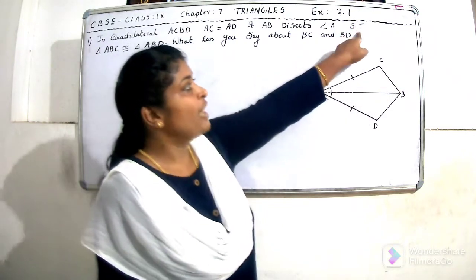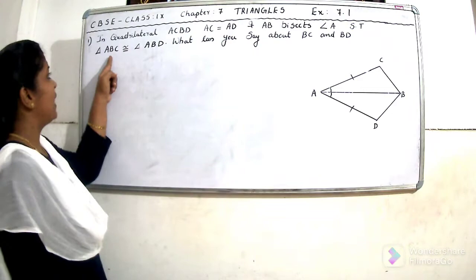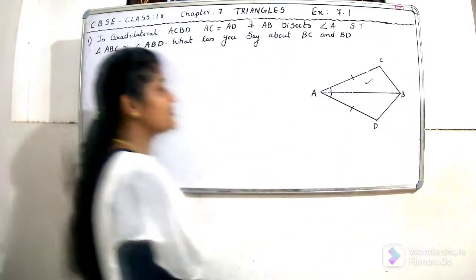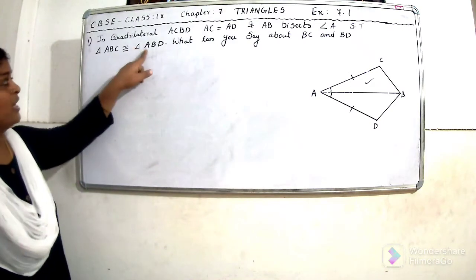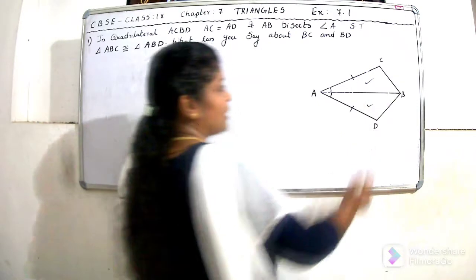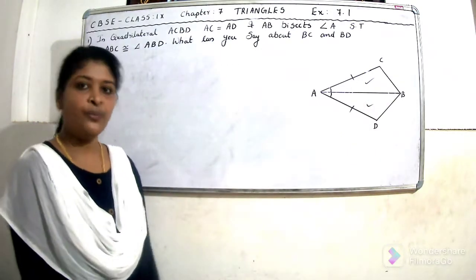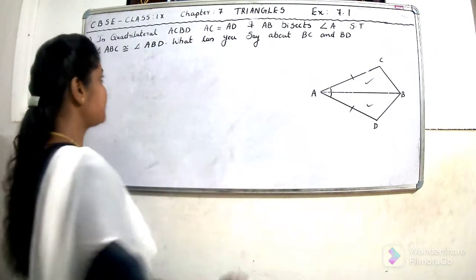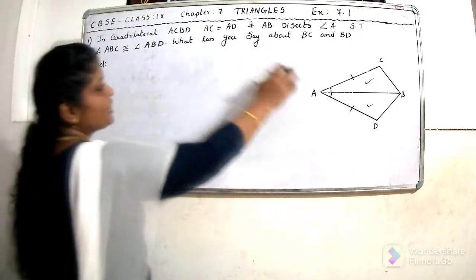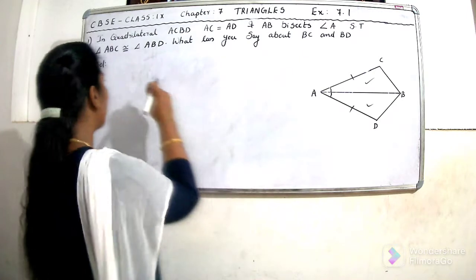And what we have to prove: show that triangle ABC and triangle ABD are congruent. That's what we have to prove. So let us start. Solution: what all information they have given, that we have to write.